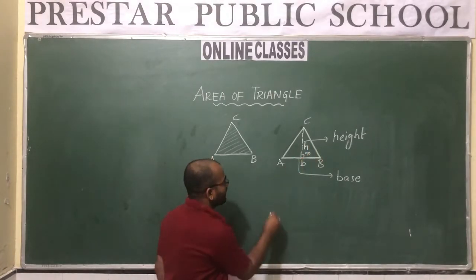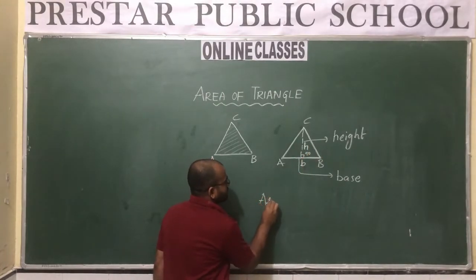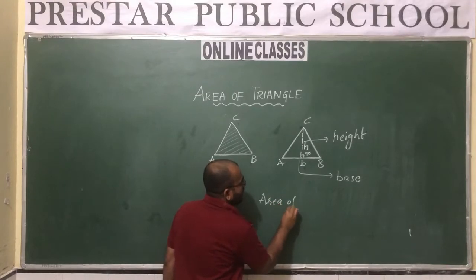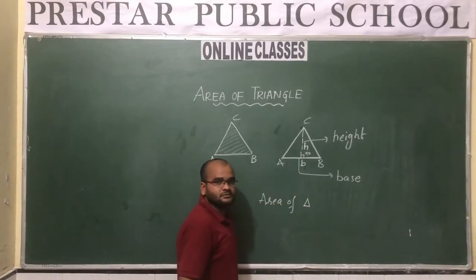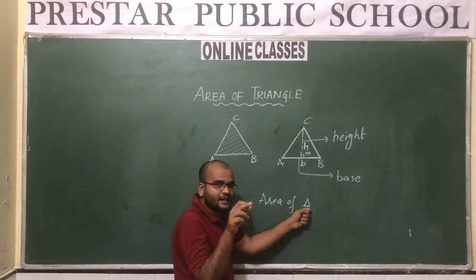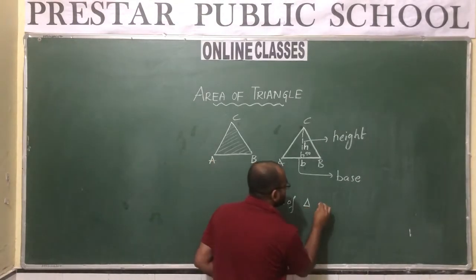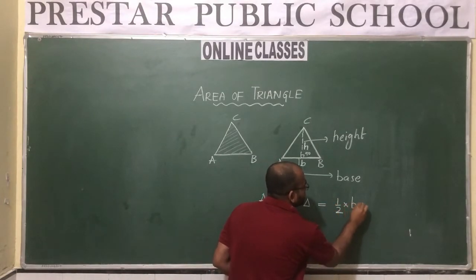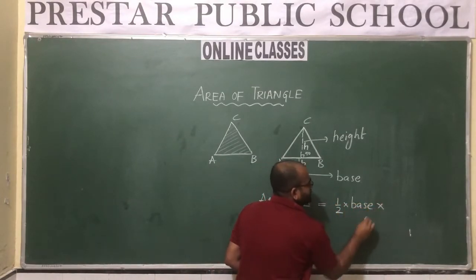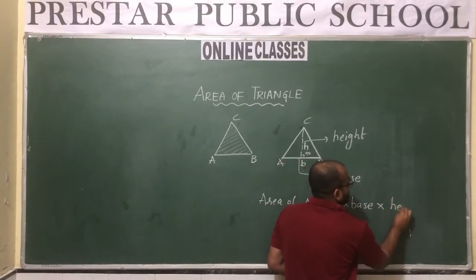Now let us see the formula. Area of triangle, we can represent by a symbol. Area A equals 1 by 2 into base into height.